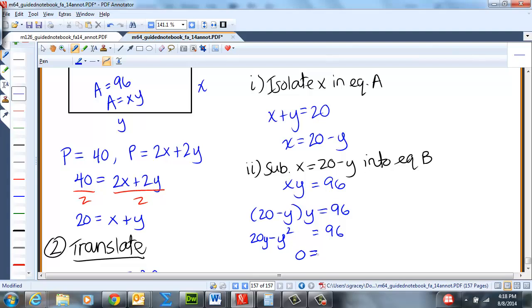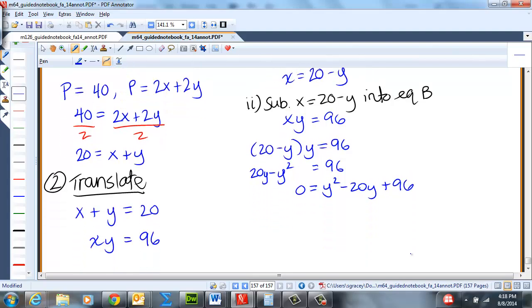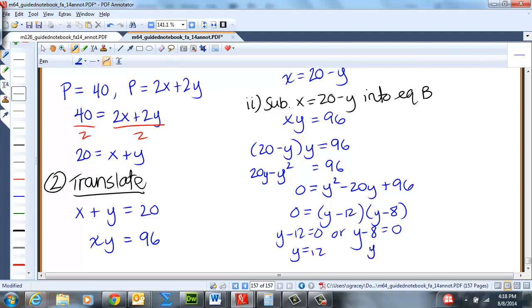Getting 0 on one side, we'll have positive y squared minus 20y plus 96. Now, I know that 8 times 12 is 96, and 8 plus 12 is 20. So we'll get 0 is y minus 12 times y minus 8. So y minus 12 is 0, or y minus 8 is 0, y is 12, or y is 8.